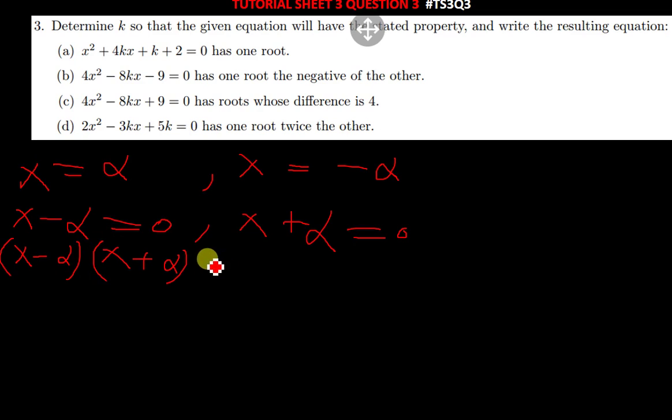You equate everything to 0. It's like you are solving the quadratic equation in the opposite direction, in a reverse way. So from there you multiply x times x, you get x squared.